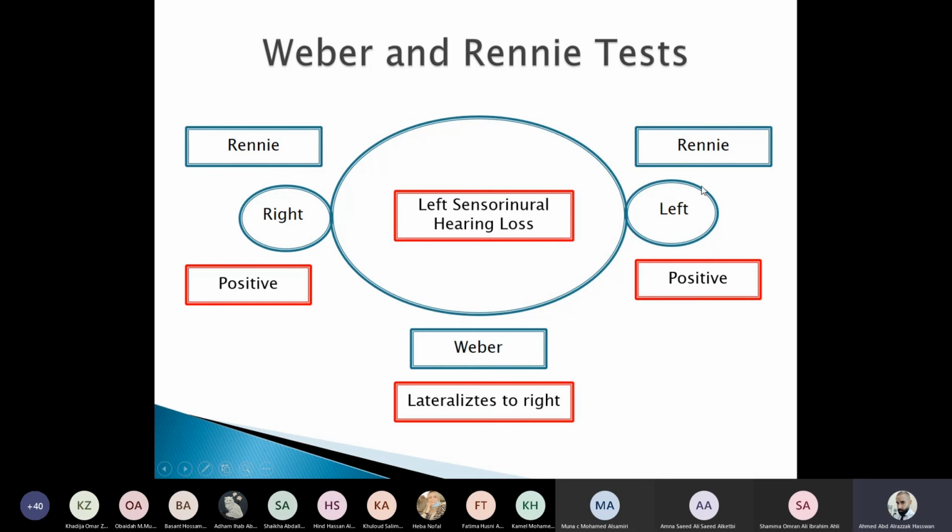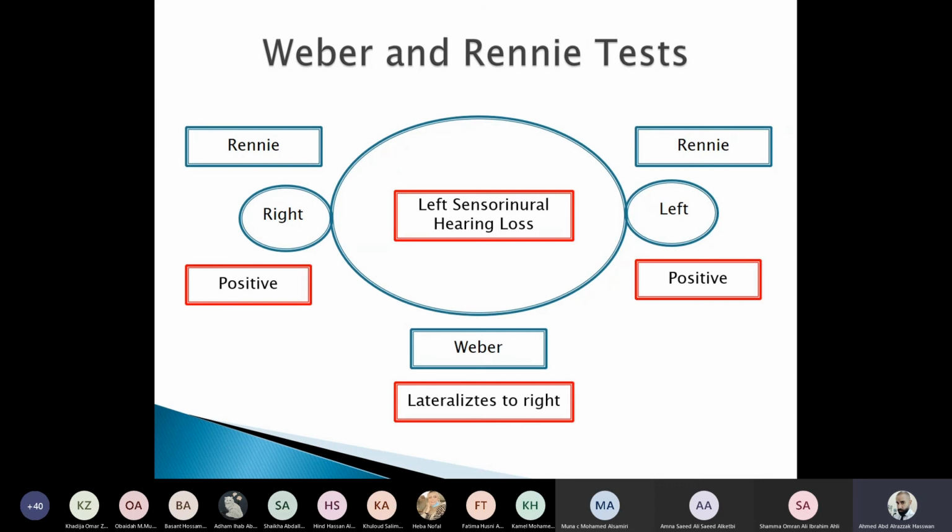Now, although you can see Rinne is positive, Rinne doesn't say anything about the sensory neural. Rinne only tells us if there is conductive hearing loss or there isn't conductive hearing loss. And guys, notice that if it has sensory neural hearing loss, still the air conduction is better than the bone conduction, but it hears with a lower acuity. Do you understand the idea? So hearing has an amplitude. It's measured in decibels. Okay.